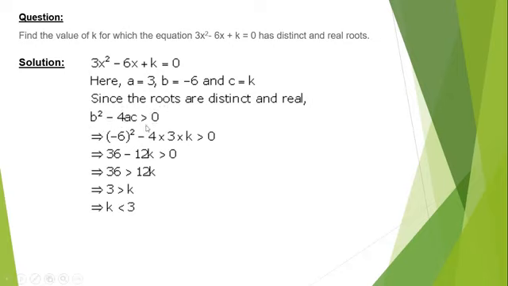In questions which I will explain further, there also you will see that if this b square minus 4ac is wrong, you will not get the correct answer. And to get the correct solution of b square minus 4ac, you take the values of a, b, c very carefully along with the sign.